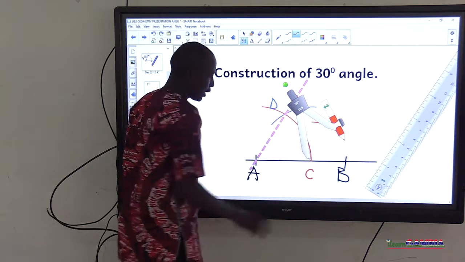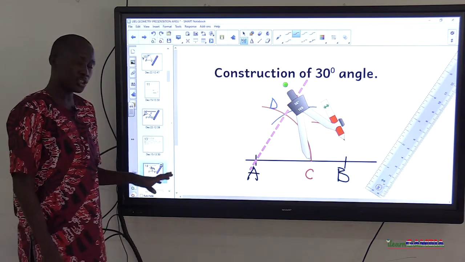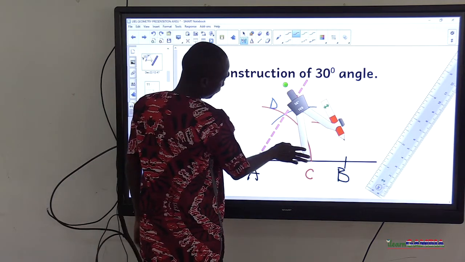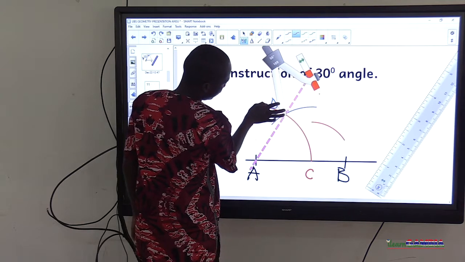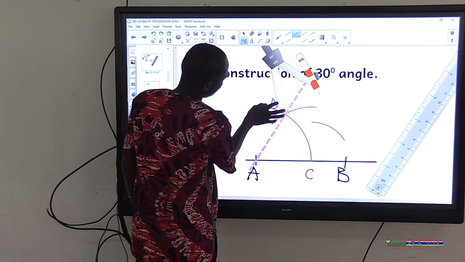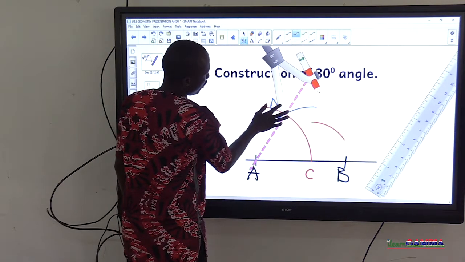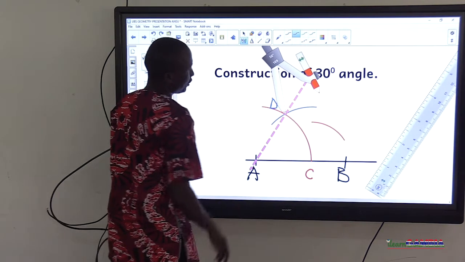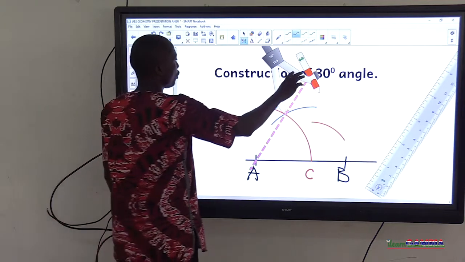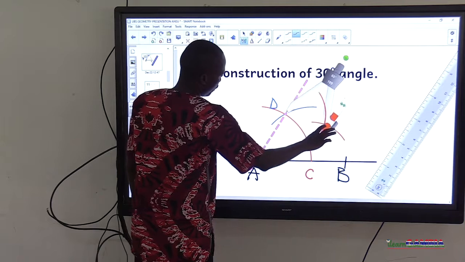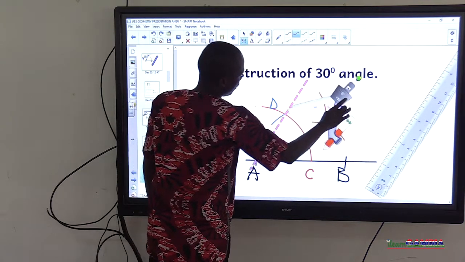We have drawn that. With the same radius, don't change it, go to point D. Draw another arc to intersect with the first one you have drawn inside.